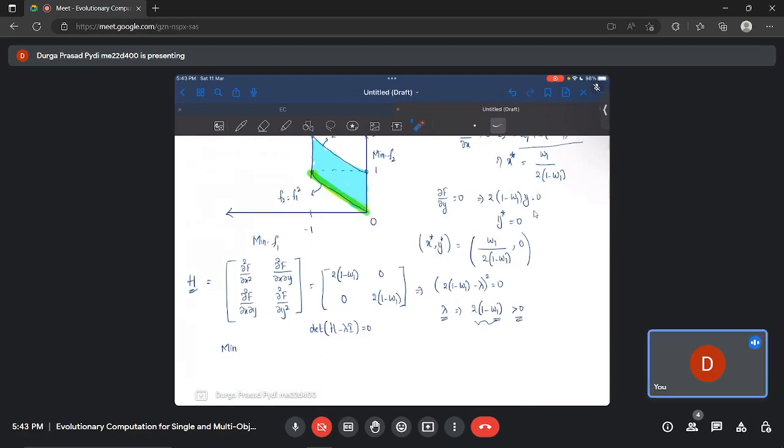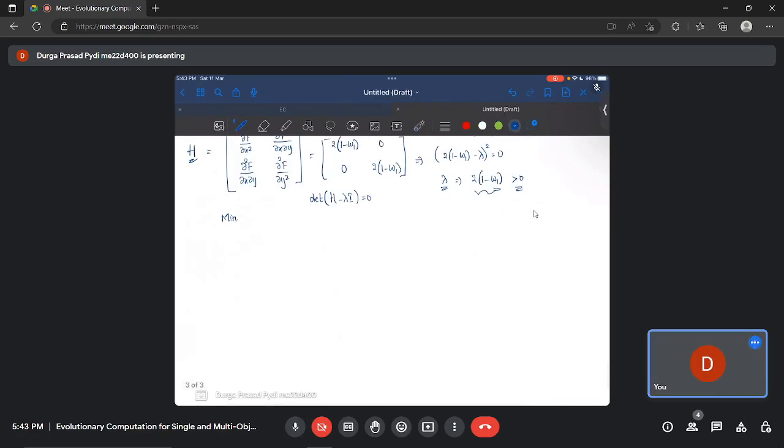If we try to understand it a little more, let's say I have defined f to be w1 times f1 plus w2 times f2, and I am putting the condition del f by del x equal to 0. This boils down to del f1 by del x plus w2 times del f2 by del x.